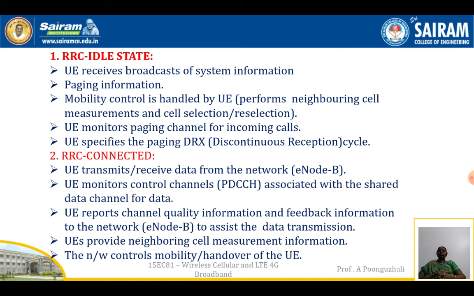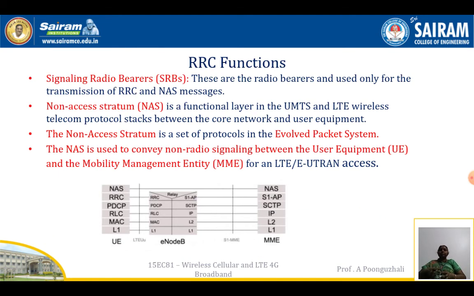The user equipment is also going to provide the neighboring cell measurement information. If the quality of that particular neighboring cell is good, then the eNode B can transmit the data to that user equipment through the neighboring cell. And the network is going to control the mobility or handover of the user equipment.